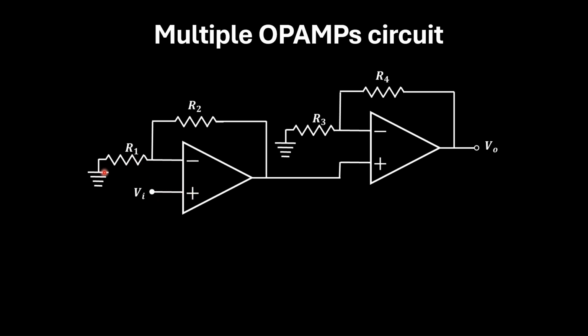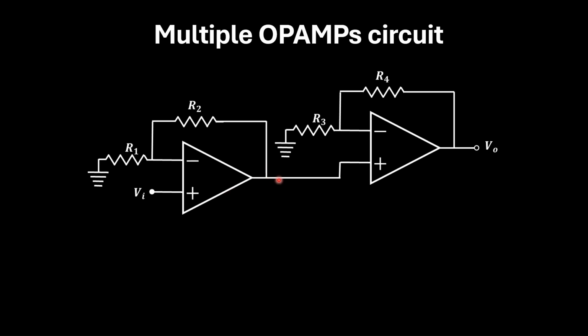The other terminal is grounded and there is a negative feedback here. So this input Vi will be amplified and the output obtained will be given by the closed loop non-inverting formula.